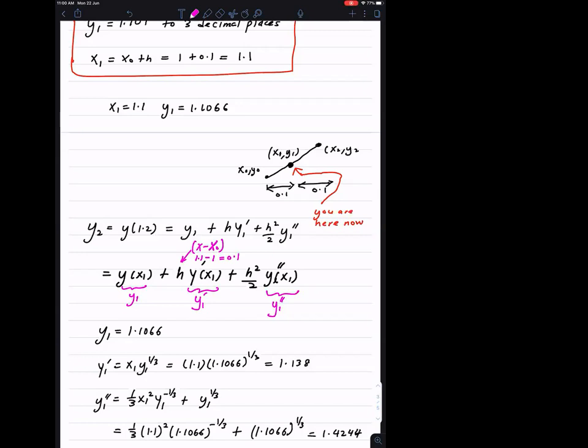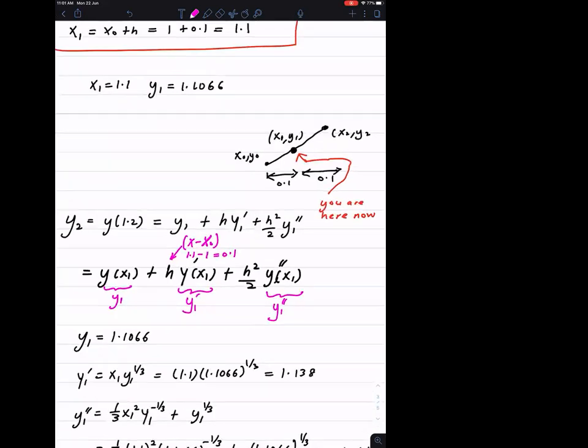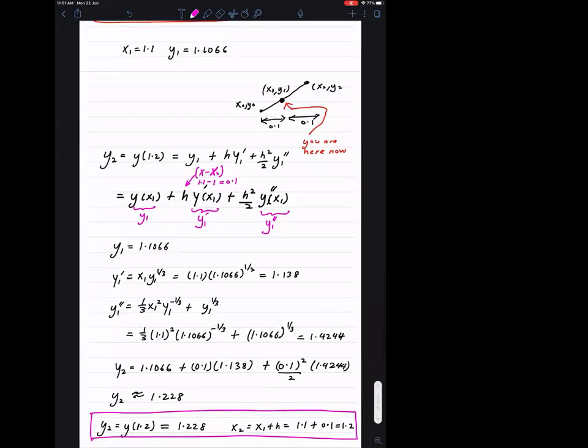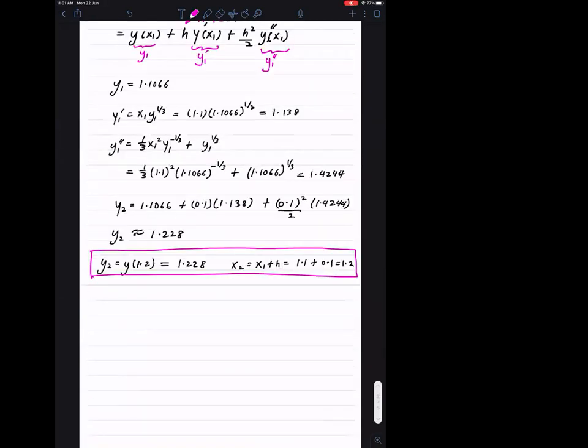So the step size also gives you, x is the point of interest, x naught is the initial point. So the point of interest minus the initial point also gives you 0.1. So they are doing the same thing.